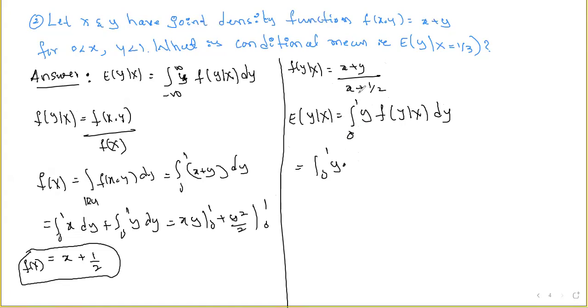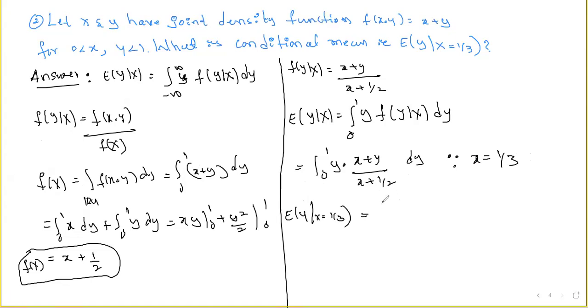F of y given x is x plus y divided by x plus 1 by 2 dy. Right. So this is what integration. But what are they given? They given x equal to 1 by 3. So now you put just x equal to 1 by 3. Now we are going to find out expectation of y if x equal to 1 by 3.